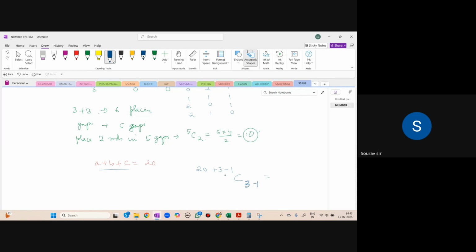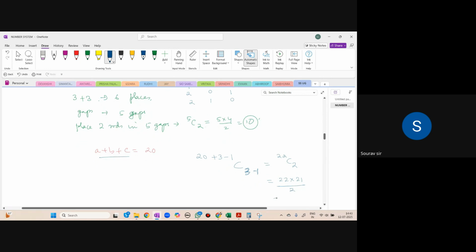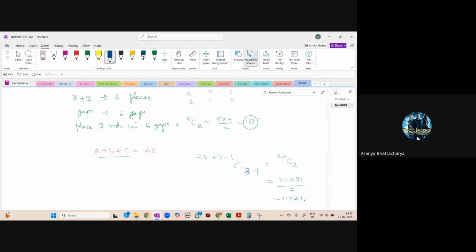So this is 23 minus 1, 22C2, which is 22 into 21 by 2, which is 11 into 21. Clear? 231.